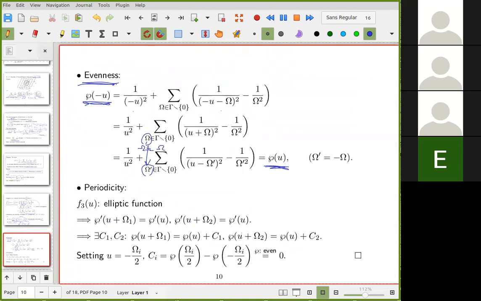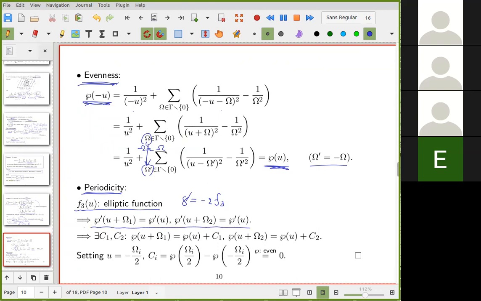We don't have to trace details. And using this parity, we can prove the periodicity. First, recall that we have an odd function F3, and P prime is minus 2 F3. So we have already proven that P prime is an odd function.